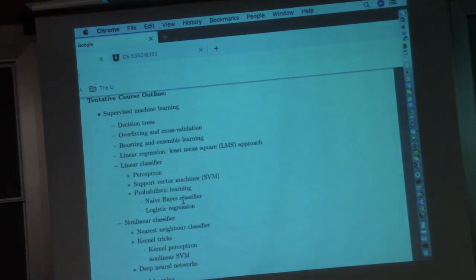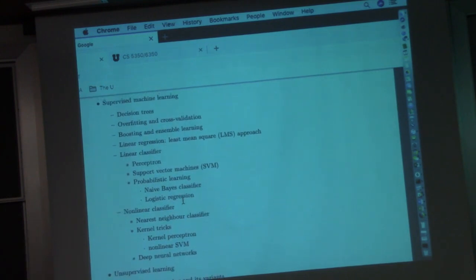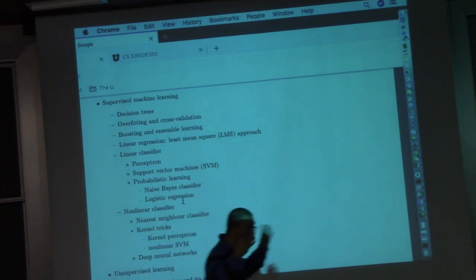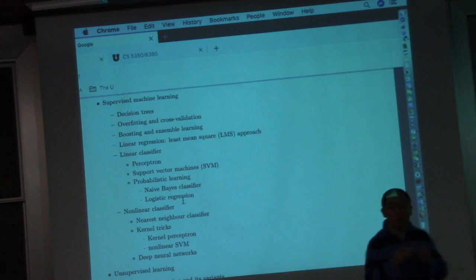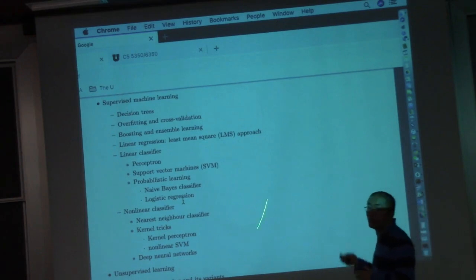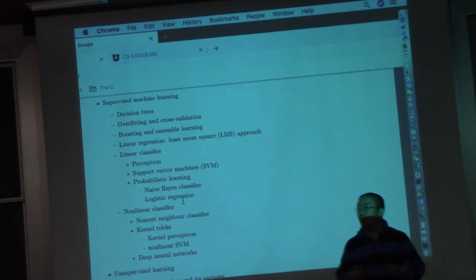So now, here's our tentative course topics. Basically, the content of machine learning can be organized in different hierarchies according to different standards. And here we choose the most commonly used and the easiest to understand.